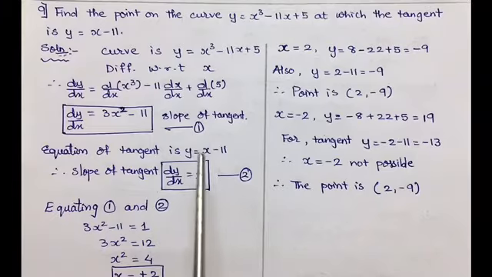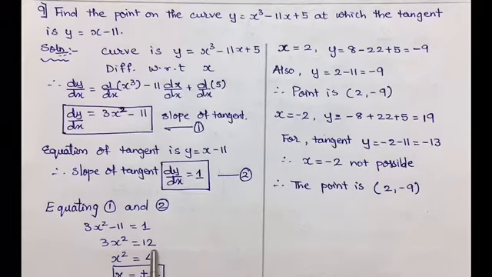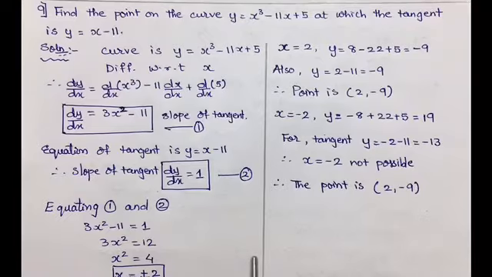So equating both 1 and 2, we get 3x square minus 11 equal to 1. So for calculating the value of x from here, we get 3x square equal to 12, x square is equal to 4, and taking the root, we get the value of x as plus or minus 2.